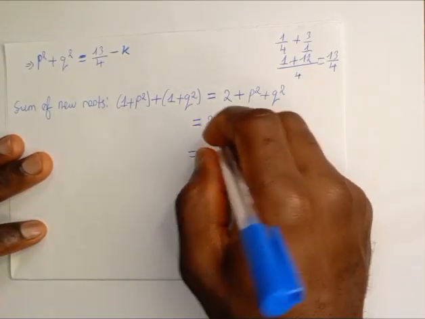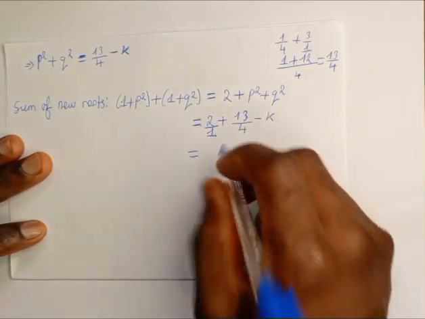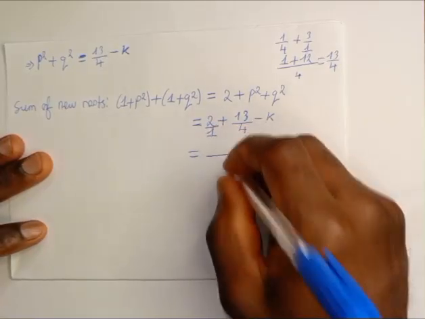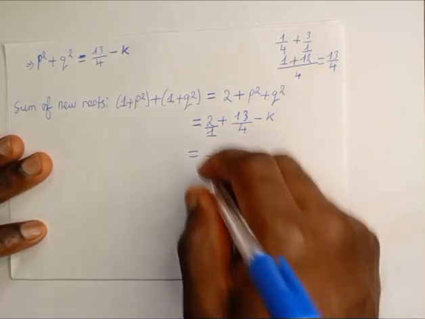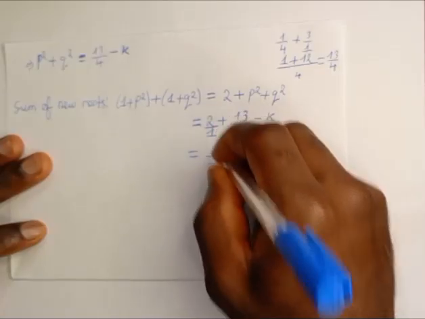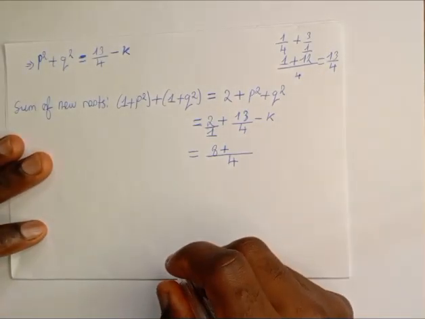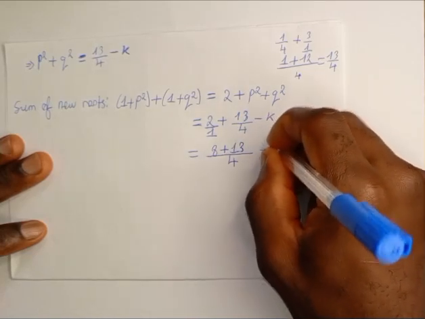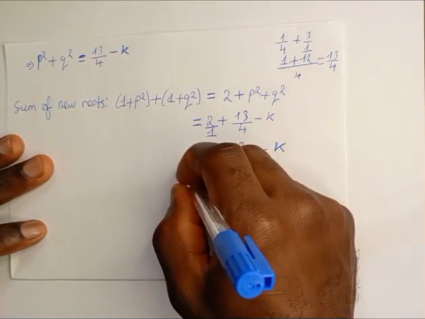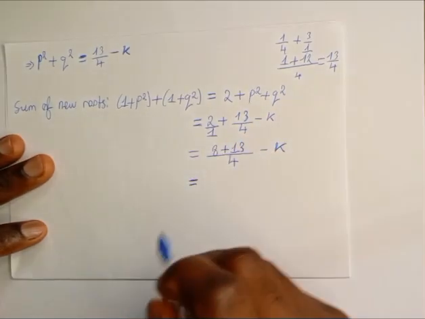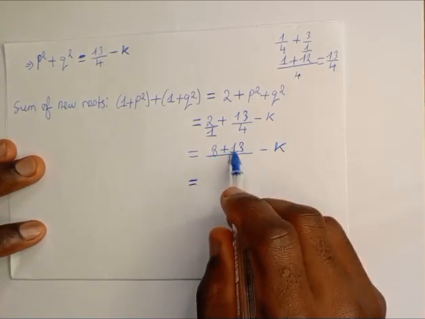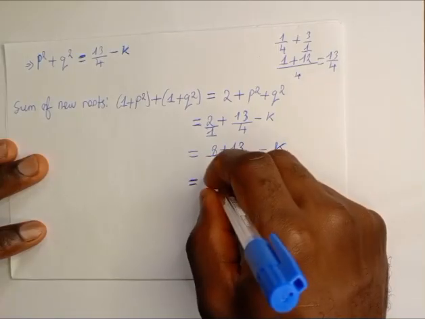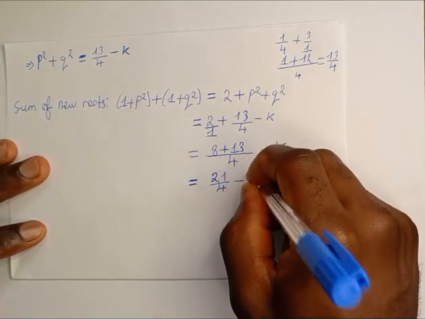Next step, we are going to find the LCM of the denominators of these two fractions. The LCM of 1 and 4 is 4. 4 divided by 1 gives 4 times 2, 8 plus 4 divided by 4 gives 1 times 13. Gives us 13 minus k. And this is simply equal to 8 plus 13 gives us 21 on 4 minus k.